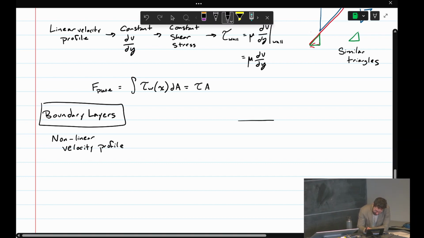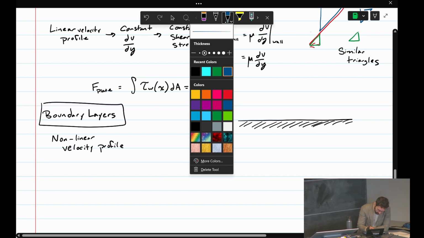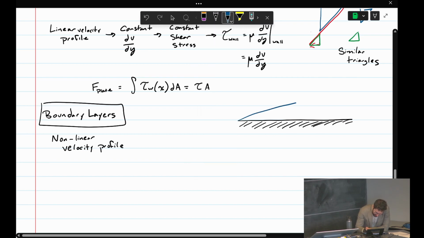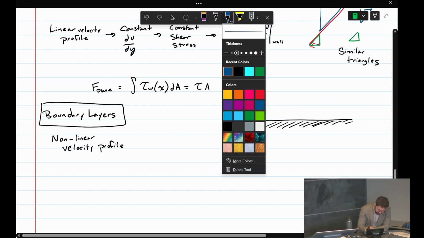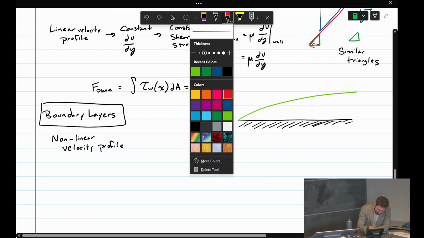The picture you can have in your head of a boundary layer is, say you have some sort of flat plate or flat wall here. There's some sort of boundary layer. We'll go like that. I'll do that in green. Boundary layer goes like that.